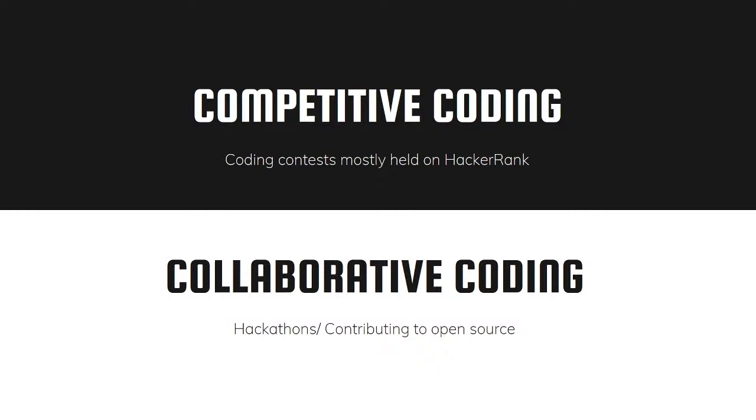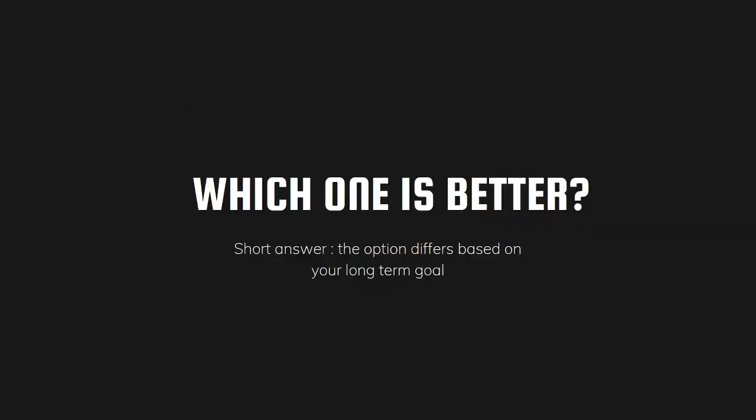It's a real world problem tackling solution where it's not about just binary trees or anything of that sort. It is far more different and complicated than competitive coding. If you ask me which one is better, my short answer is that the opinion would differ from one person to another and also based on your goals.